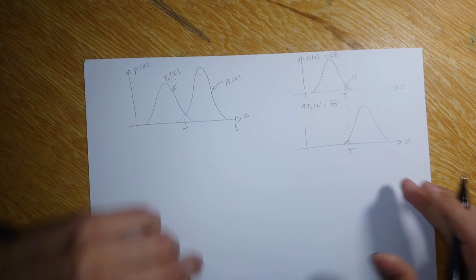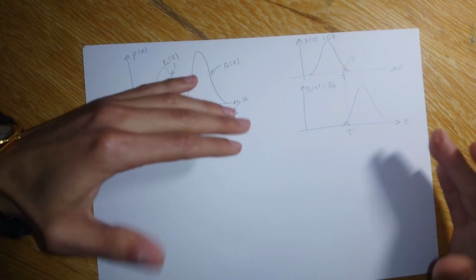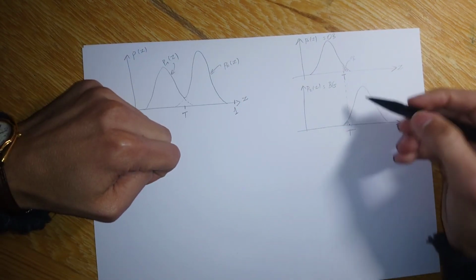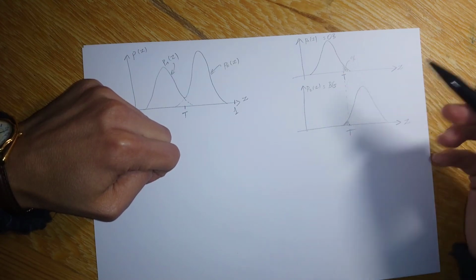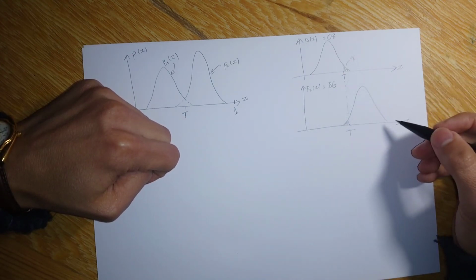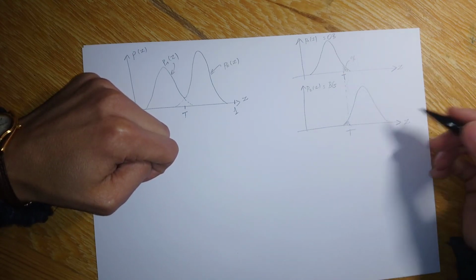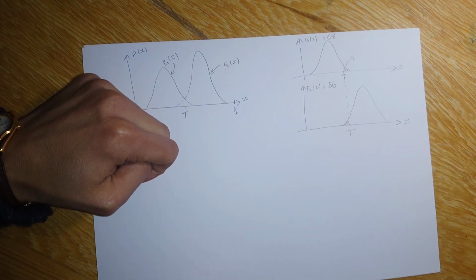So now the problem is we need to find a threshold such that the sum of this error, the total error of percentage of misclassified pixels, is minimum.